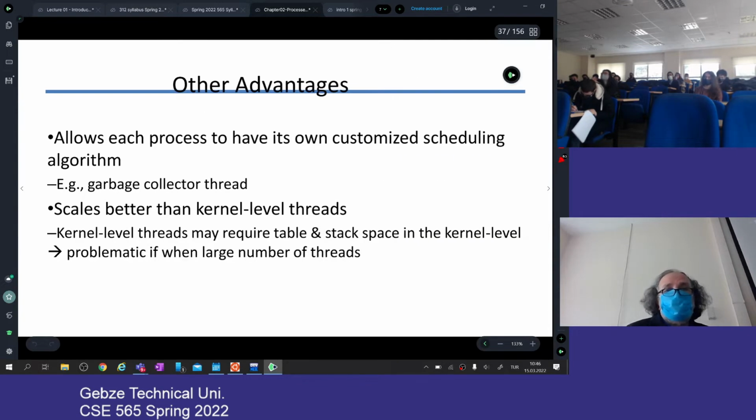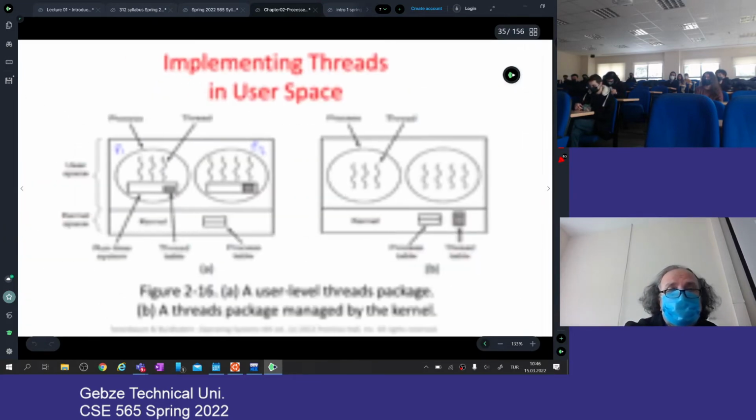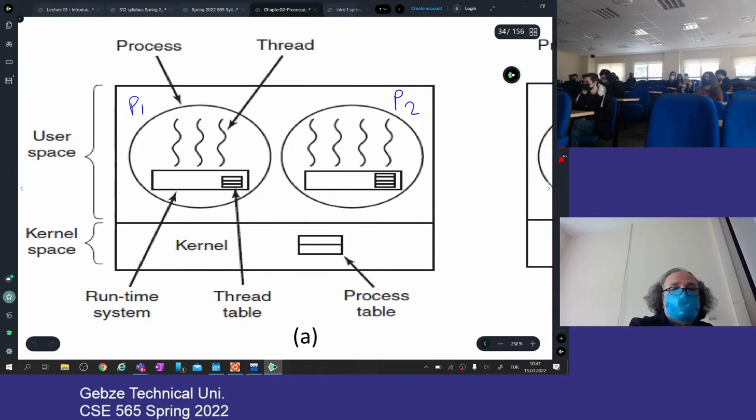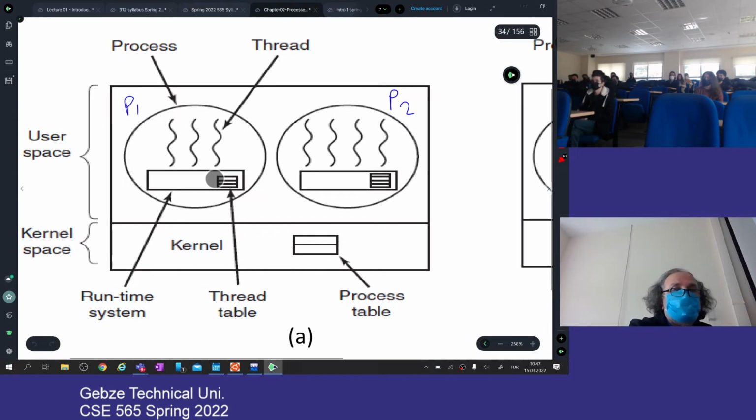Other advantages: I can write my own scheduling algorithms for my threads. I can say that this is a special thread, these are not that special, so this has a higher priority, and so on. So I can come up with any kind of scheduling algorithm for the threads of this process.